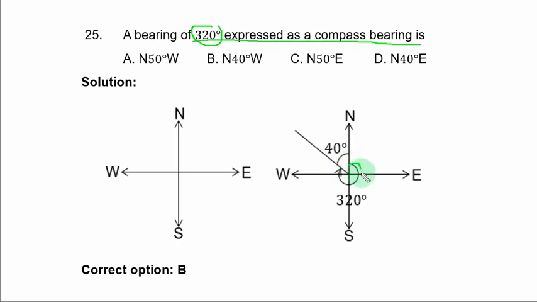So moving this way, you have here as 320, and the whole angle there is 360. The remaining part becomes 40, and 40 is in northwest. So 320 degrees is equivalent to north 40 degrees west. So option B is the correct answer.